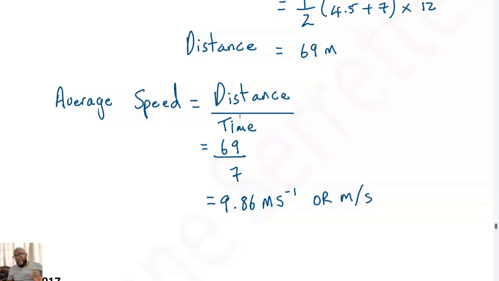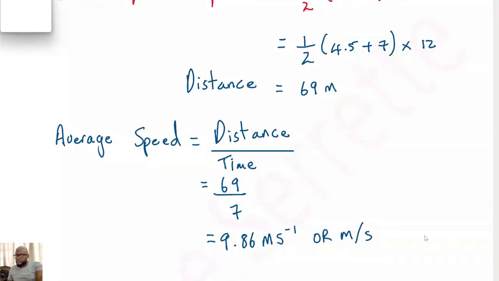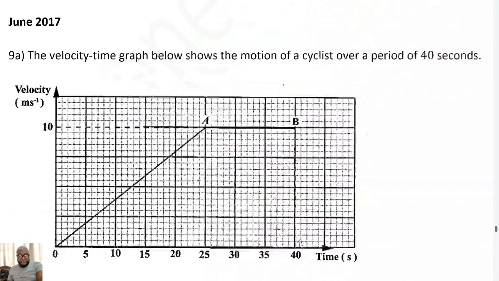So the average speed for the entire duration of our journey is 9.86 meters per second, right?